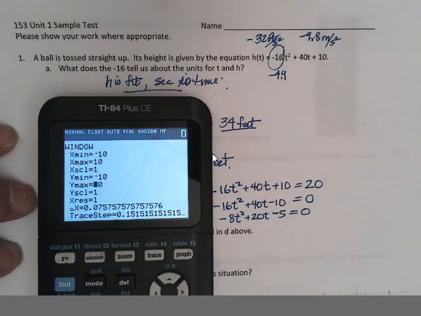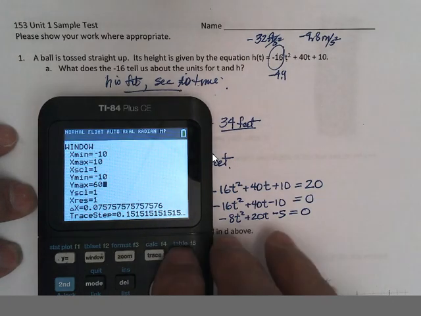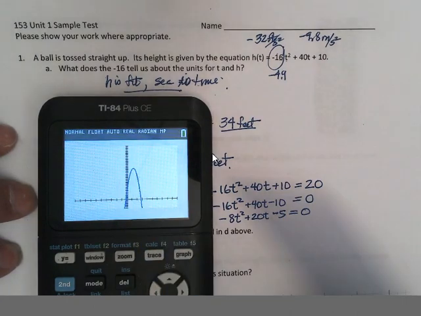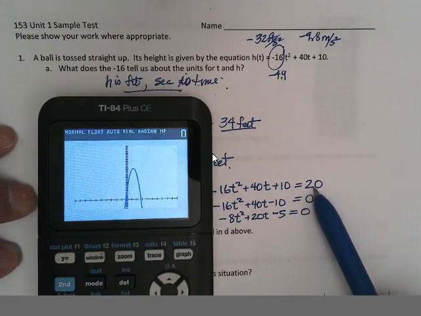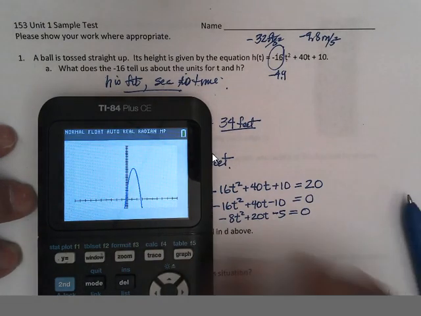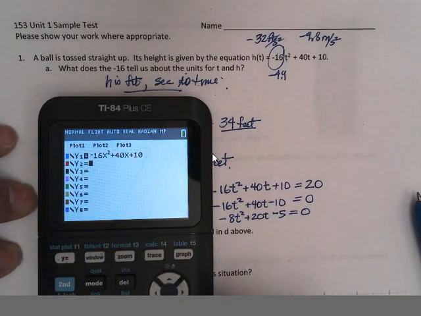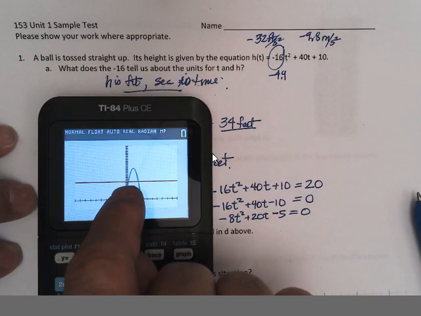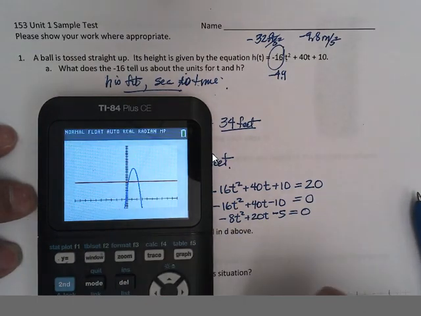So I'm going to say 60. Let's see what that does. There it is. And I want to know when it's 20 feet high. So I can go to y2 and put in 20. And now if I graph, there's 2 times when it's at height of 20.